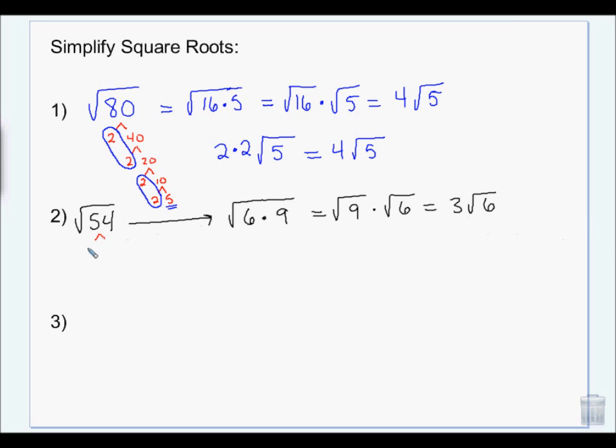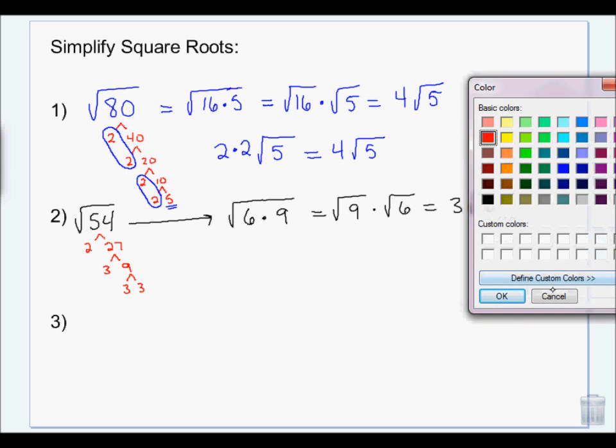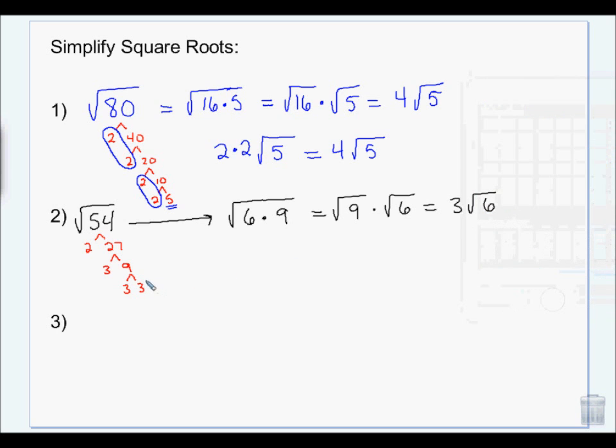But if you didn't know that, 54 is 2 times 27, and 27 is 3 times 9, and 9 is 3 times 3. And I have this matching pair of 3's that can come out, and I have this 2 and this 3 left over, so they have to remain inside, and that gives me 3 times the square root of 6. Same answer.